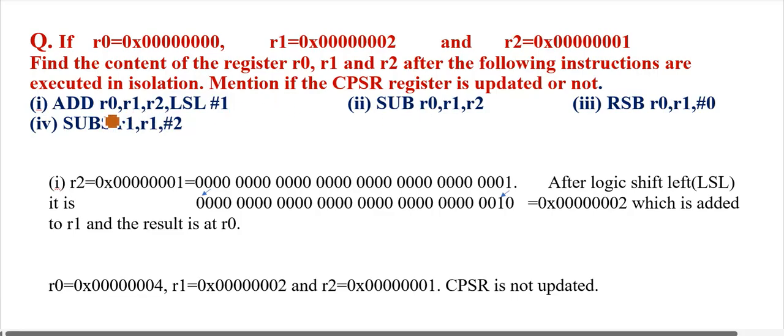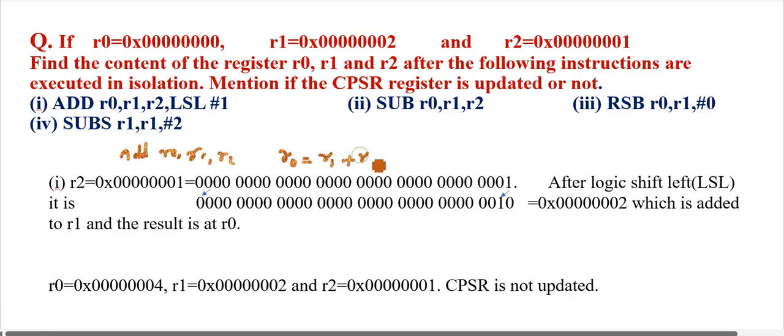So the first instruction is ADD R0, R1, R2, logically shift left by 1. The ADD instruction is going to add; R0 is the destination. If they give only ADD R0, R1, R2, then the destination R0 is equal to R1 plus R2.